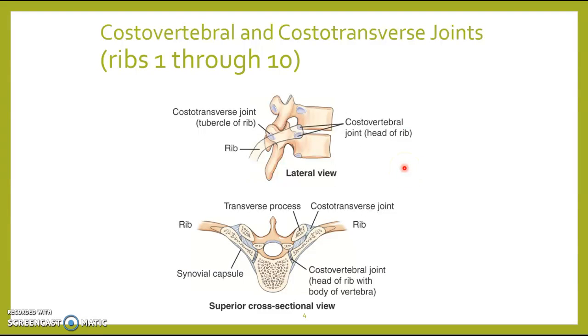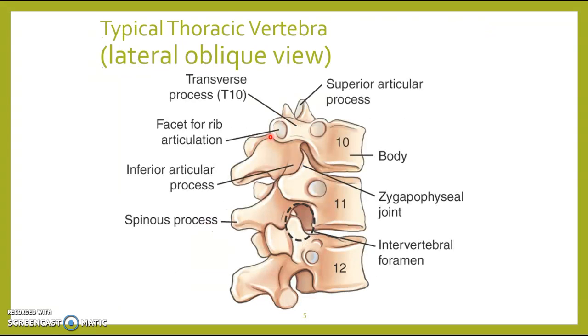So the joints of the ribs articulate with each of the thoracic vertebrae, and include the facets on the body as well as the facets on the transverse processes. Here we have a diagram demonstrating the articulation point of each thoracic vertebra with the inferior process and the superior process.